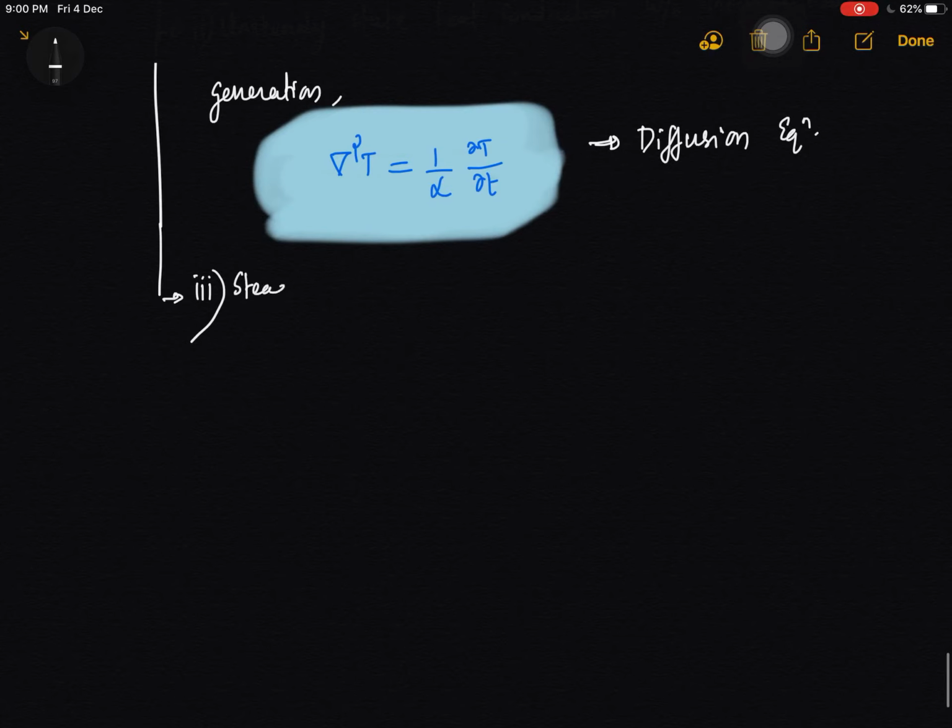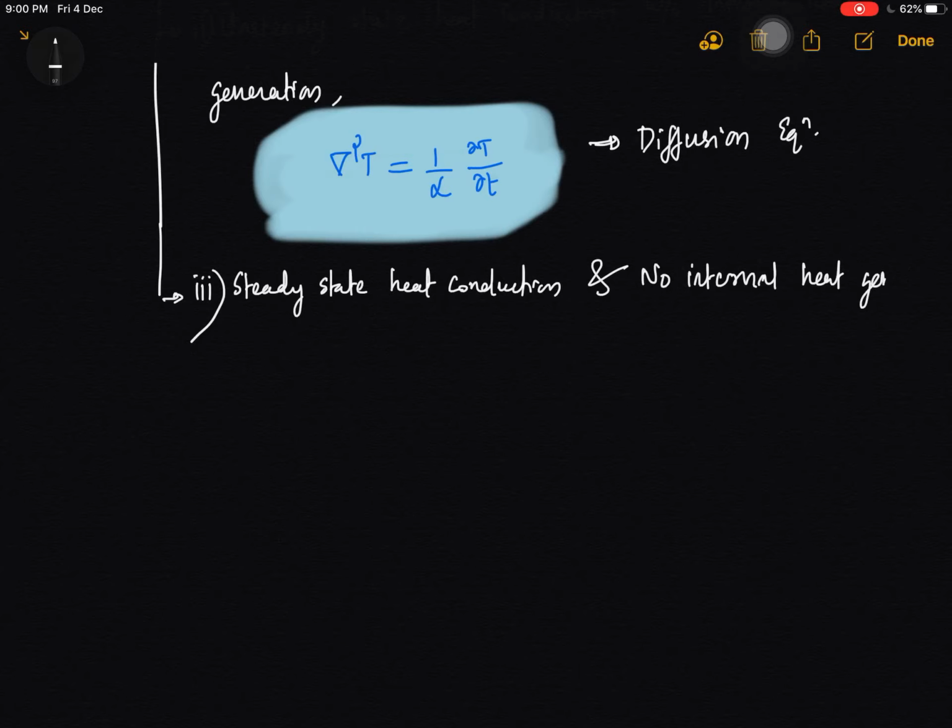So the third special case of the Fourier-Biot equation is steady state heat conduction and no internal heat generation.